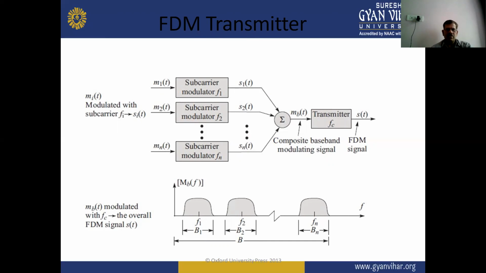The outputs of these subcarrier modulators are s1(t), s2(t), and so on, and all these outputs go to a summing network. After the summing, the output, m_B(t), is fed to the transmitter, and the output of this transmitter is the FDM signal, s(t). So this is the FDM transmitter.